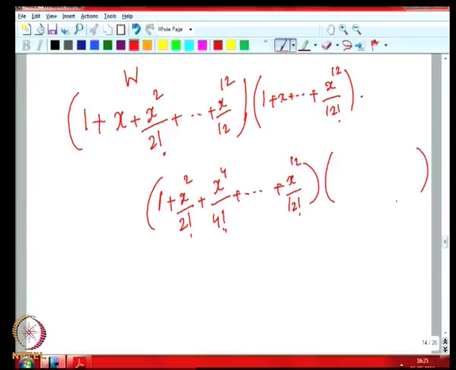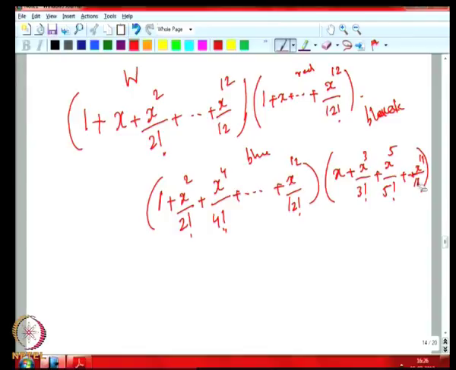Now for the last case, this is blue, this was red, okay. This is for the black. What we can do is we can take x plus x cube by 3 factorial, because only odd numbers are allowed, x raised to 5 by 5 factorial and so on, till x raised to 11 by 11 factorial.